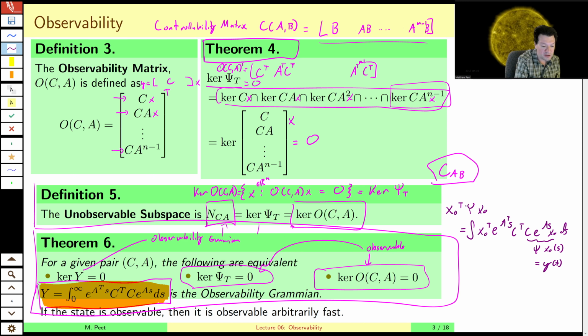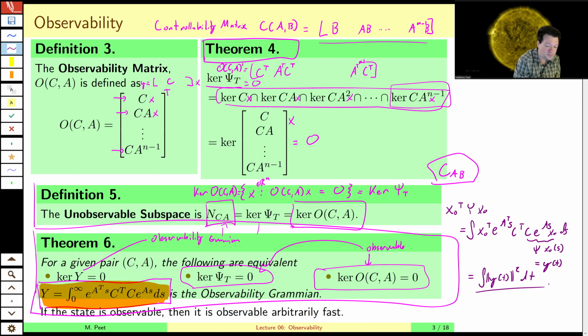So x naught transpose Y x naught is just the squared integral of the norm of the output produced by that initial condition. So obviously, if this is 0 for any initial condition, or if the kernel here, if it's not full rank, if it has something which you multiply by and it's 0, then there's an initial condition which produces no output.